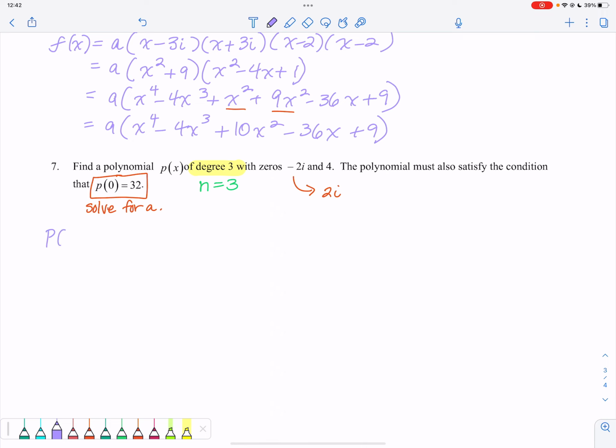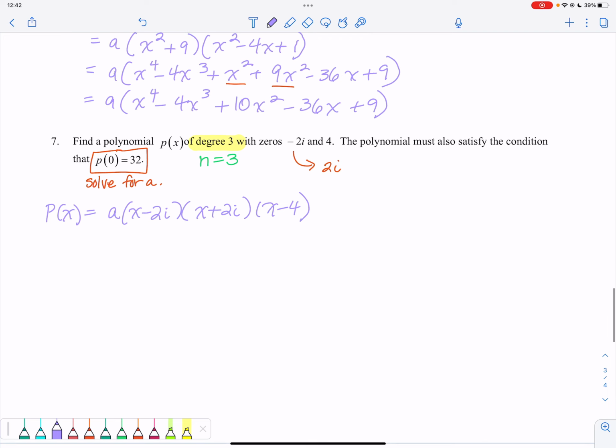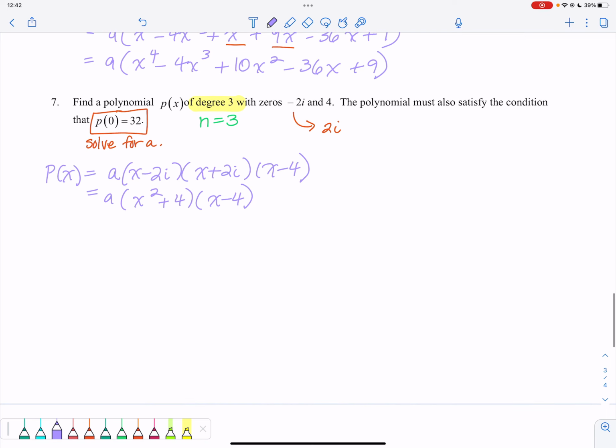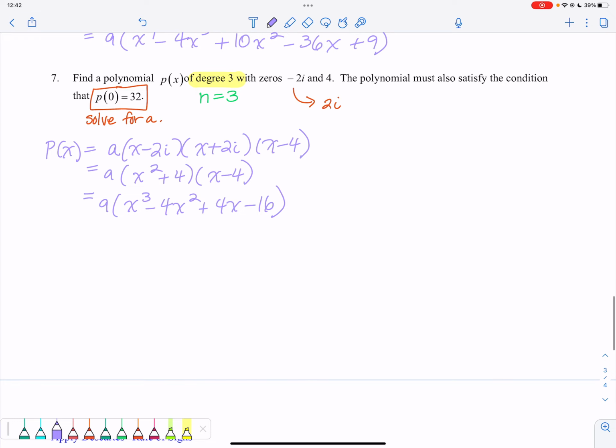So we have p of x is equal to a times x minus 2i, x plus 2i, and x minus 4. So now let's go ahead and simplify first. We have x squared plus 4 multiplied by x minus 4. And writing this out, we have x cubed minus 4x squared plus 4x minus 16.